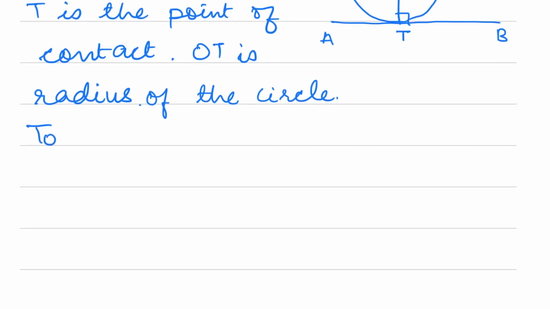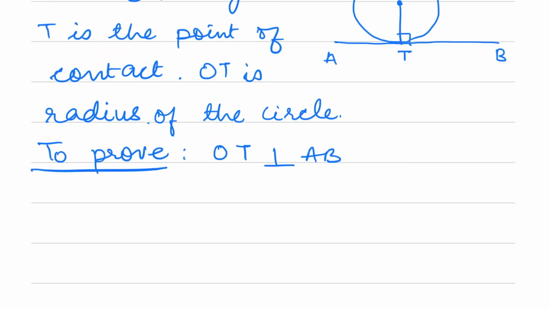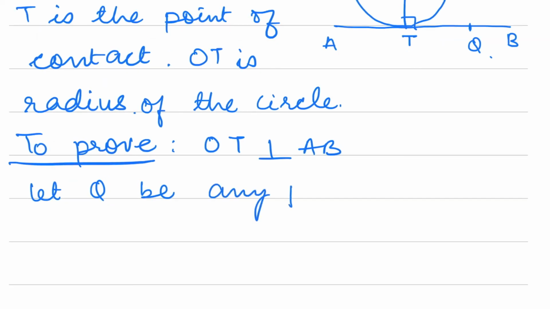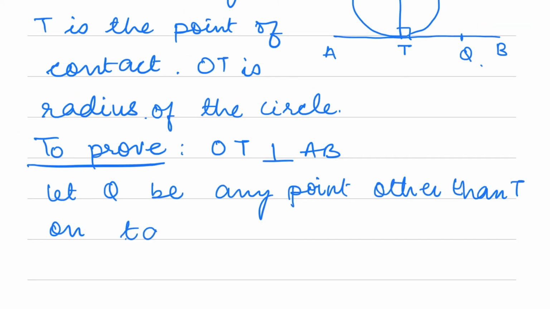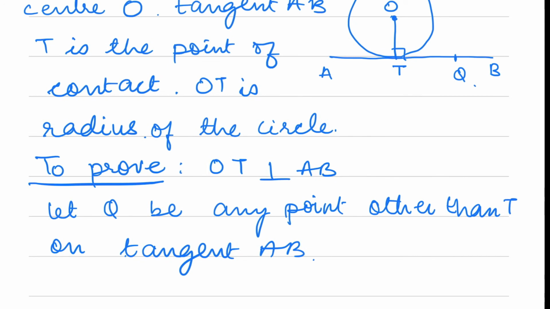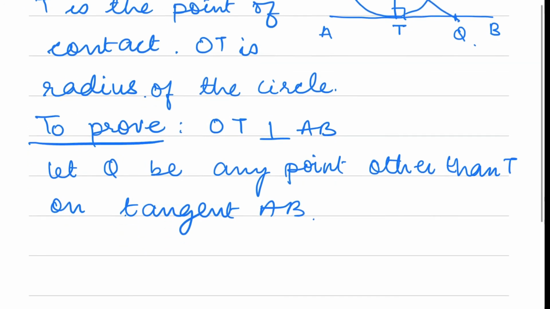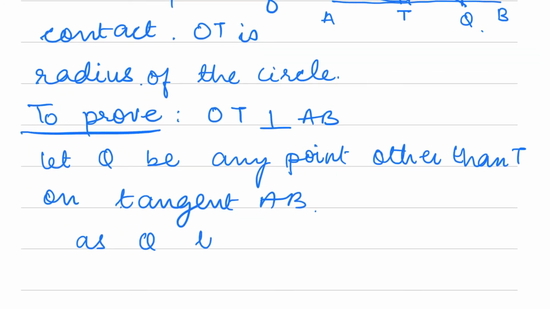We have to prove OT is perpendicular to AB. Let's take any point Q on tangent. So let Q be any point other on tangent AB. If we join this, we know as Q lies outside the circle.